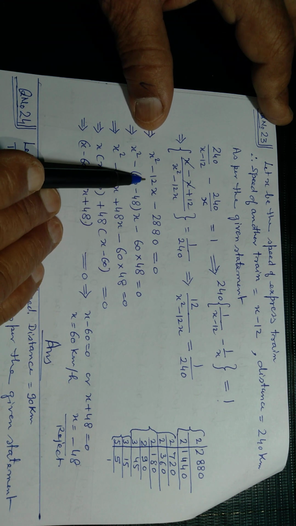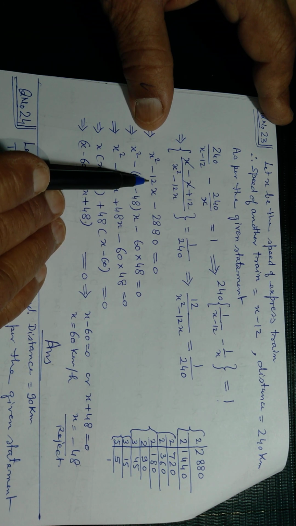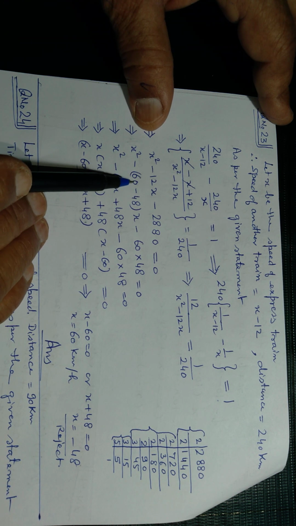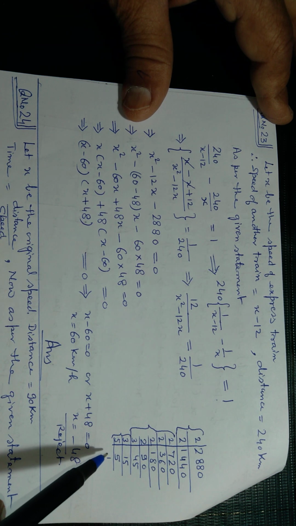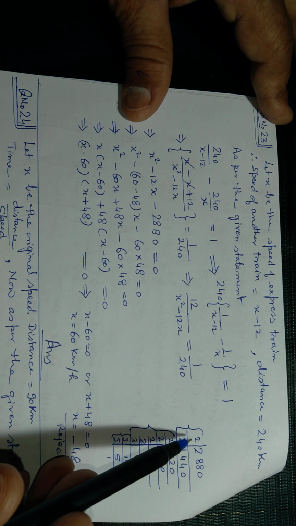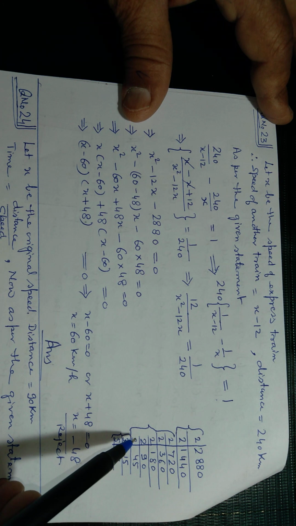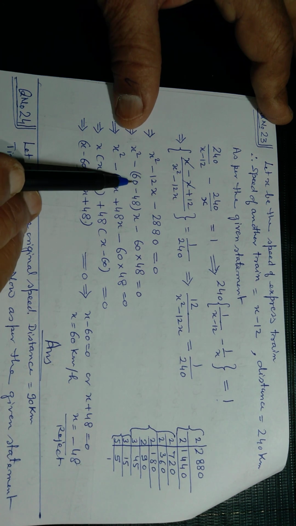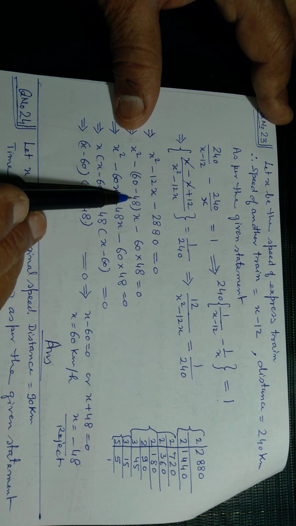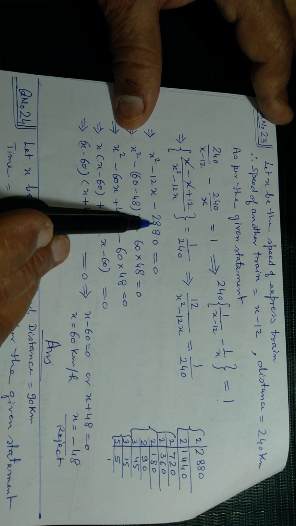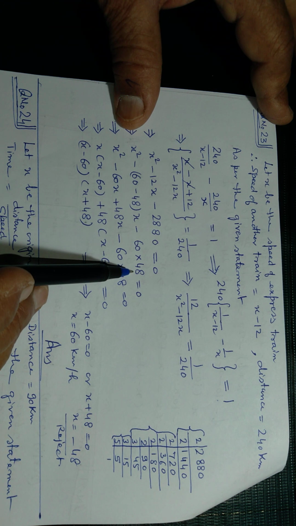In order to find the middle part of the factors, 12, I have factorized the 2880 like this and associated it in such a group so that we can take the factors 60 and 48. 60 into 48 I have written in place of 2880.